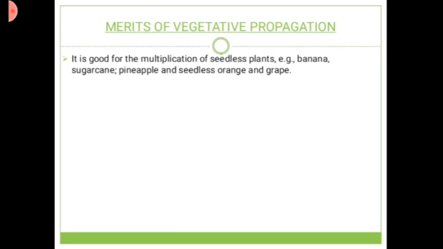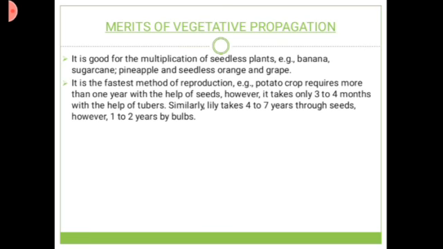So what are the advantages of vegetative propagation? There are many advantages, like it is good for the multiplication of seedless plants. The plants that do not bear seeds, in their multiplication vegetative propagation plays a great role. Also it is the fastest method of reproduction.